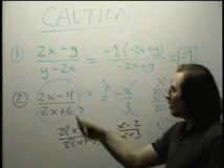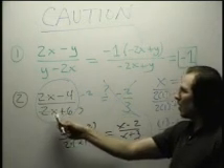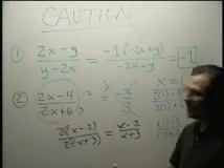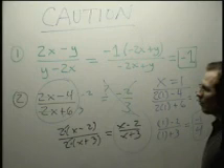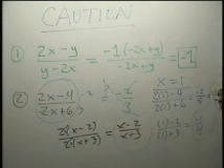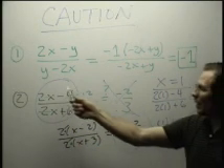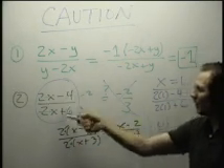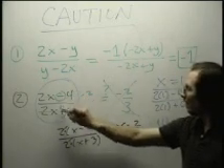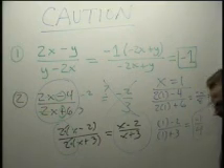These are being added or subtracted. Okay? That makes them terms, not factors. We cannot cancel terms. Okay? We can only cancel factors. In other words, we can't cancel things that are being added or subtracted. We can only cancel things that are multiplied. That is the fundamental property of rational numbers.